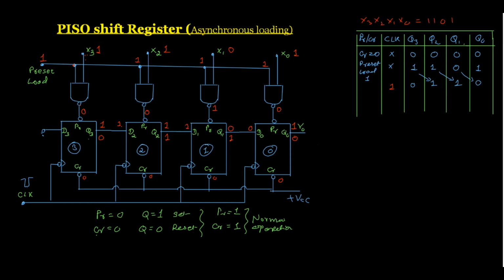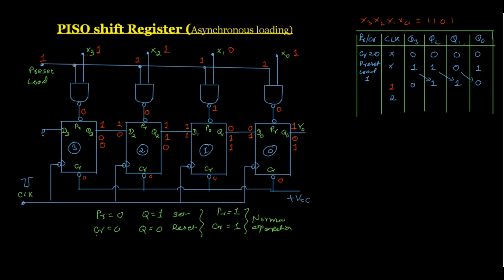Now when we applied the second negative edge of the clock pulse, the input to the D3 is 0, so the output will also be 0. Now the input to the D2 is 0, so here it is going to be a 0. Input to the D1 is 1, and it will be transferred to the output as 1. And the input to this D0 is 1, and it is going to be transferred to Q0.